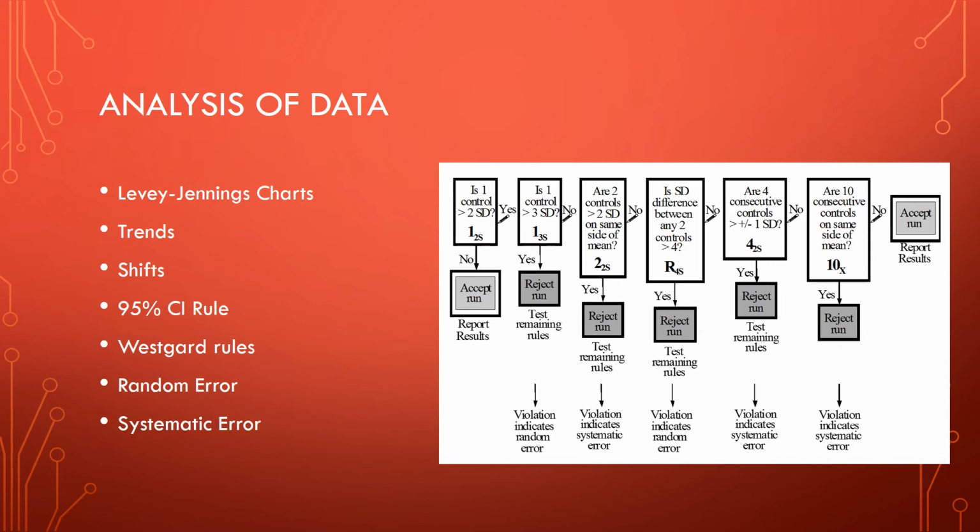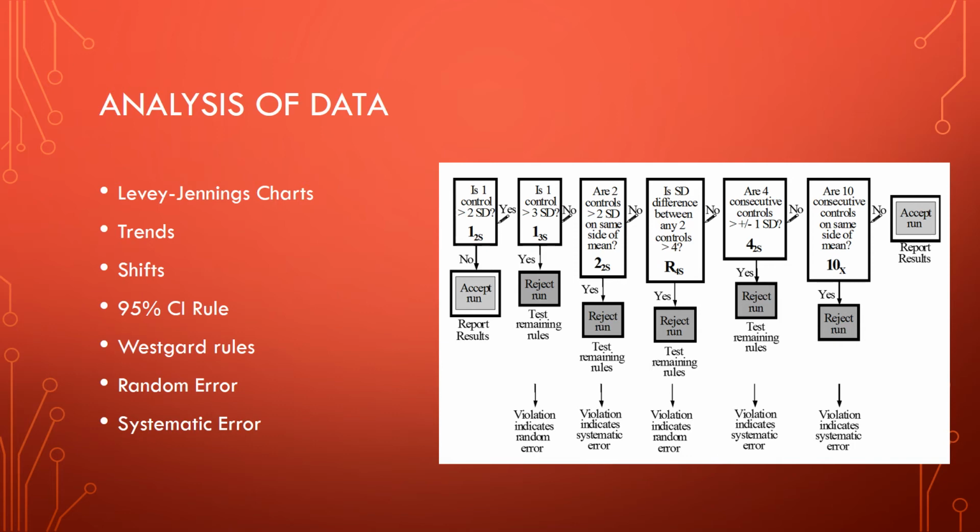Not accuracy on any one particular day, but long-term accuracy. And the charts are going to be graphs, and the x-axis is time, and the y-axis is standard deviation values, 1, 2, and 3 standard deviation values from whatever the mean on that particular control material is.